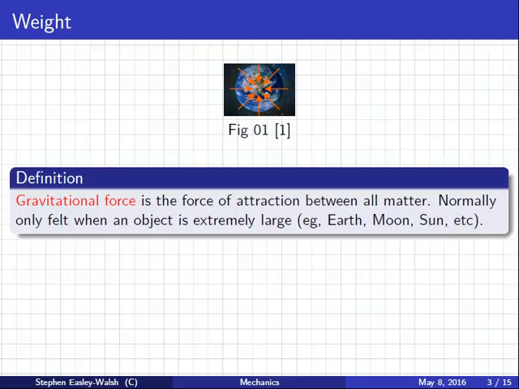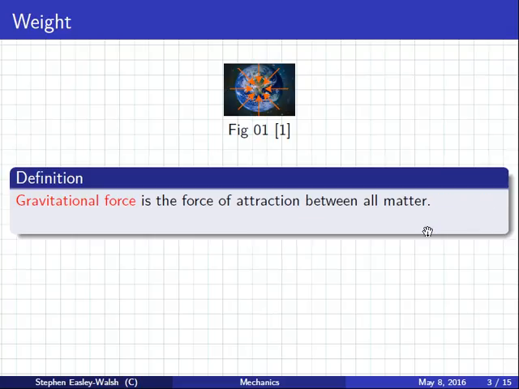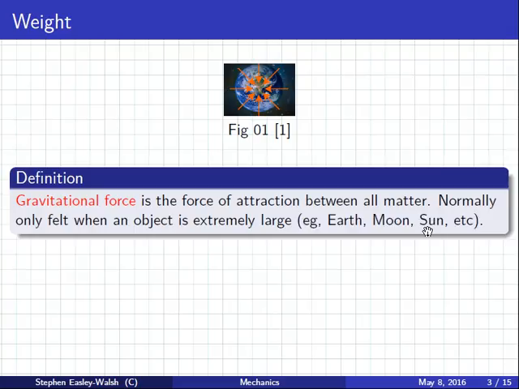Like right now we can feel it pulling down. So you could get this definition in the exam, although it's not very likely, and it's a pretty simple definition. It's the force that attracts all matter to each other. And you don't even have to write the normal part down, so like this is it. And normally you can only feel it when it's very large, although if you had very sensitive equipment, you can detect it for smaller objects.